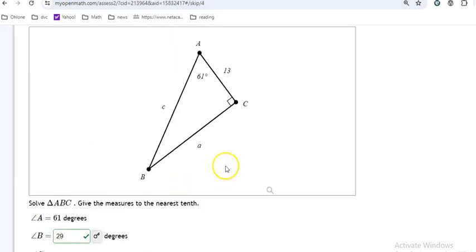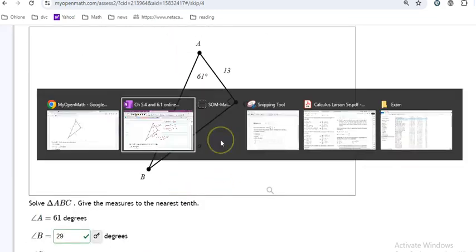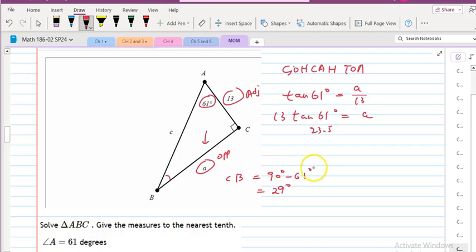Okay, so we need to solve for C now. Let's go back to the notes. Use another color. So I circle this angle, I circle C, and the known side. So this is adjacent, this is hypotenuse. Adjacent, hypotenuse, that's CAH.